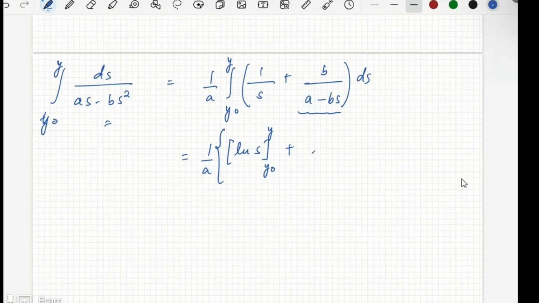This is also a log, ln of (a minus bs), with the factor a, and we will also divide it by minus b, and the limits will be from y0 to y.